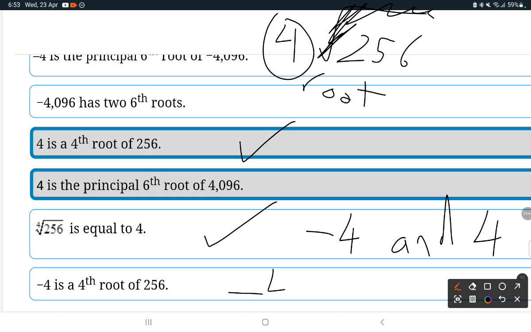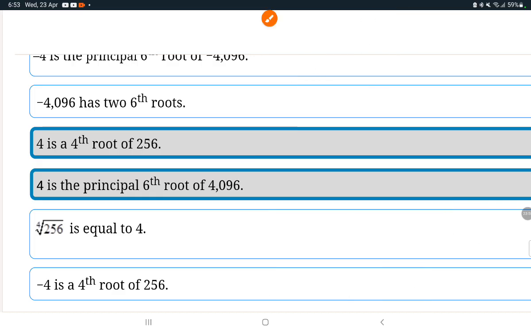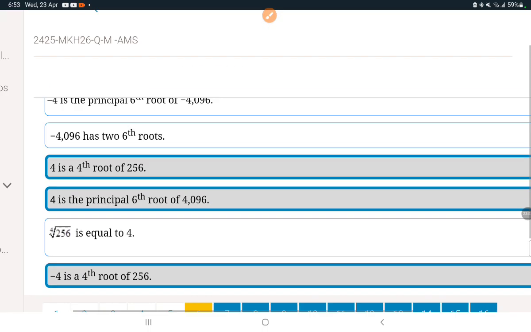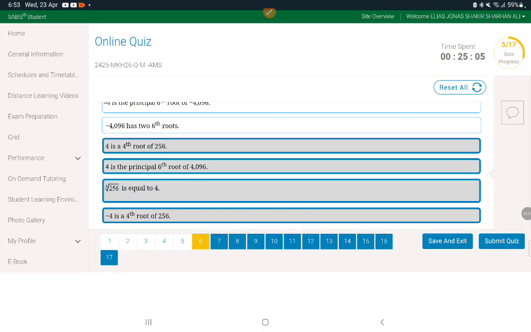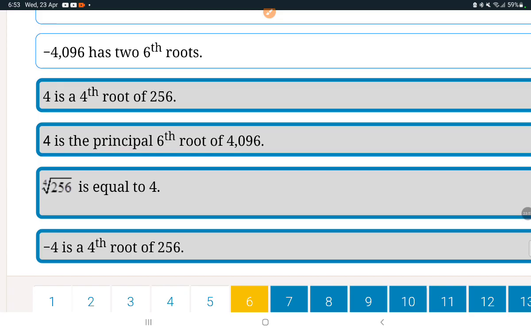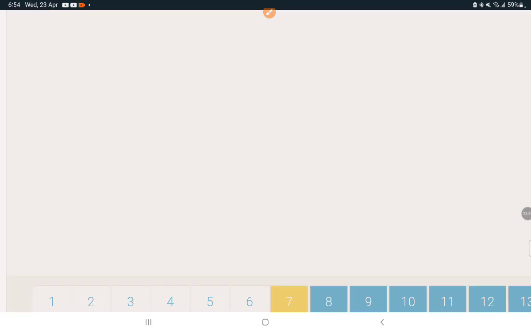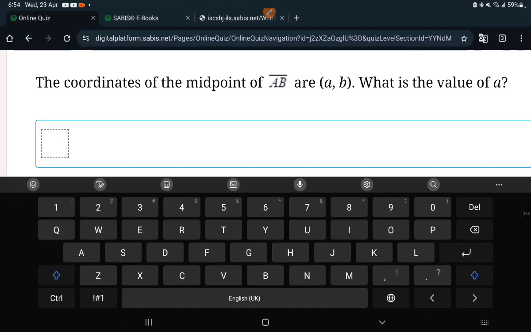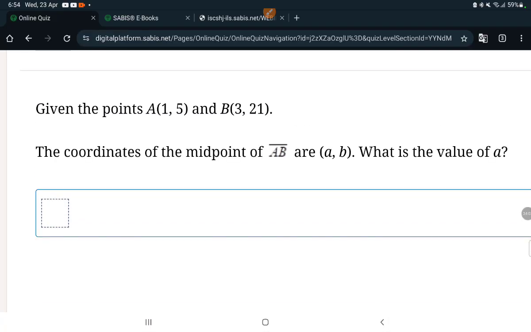So it's going to be negative 4 and 4. It's not just going to be one number, but that's only if the index is an even number. As we said, it's correct too. If you had an odd index, there wouldn't be two solutions.